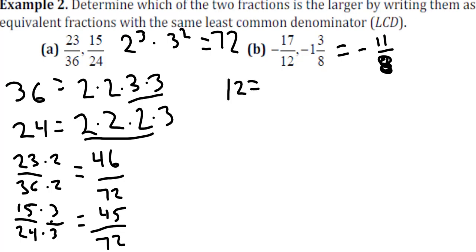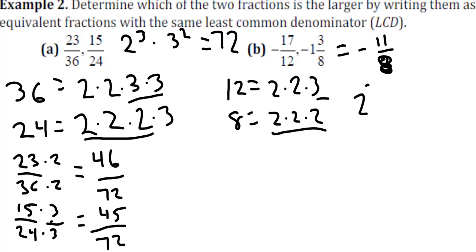So we have 12. 12 is 2 times 6. 6 is 2 times 3. 8 is 2 times 2 times 2, 2 to the third. So that means our least common denominator is going to be 2 to the third times 3. So that is 24. So we know our common denominator needs to be 24.